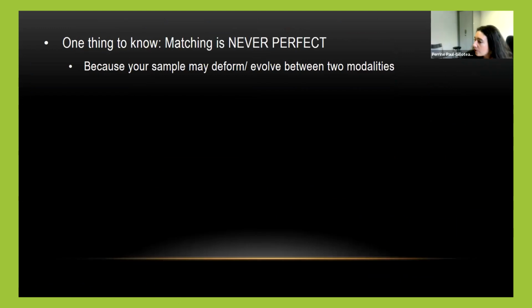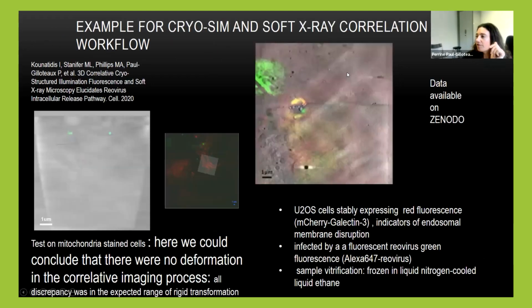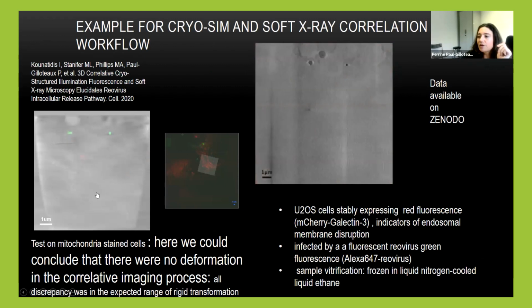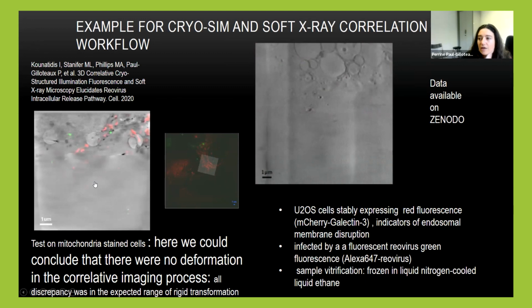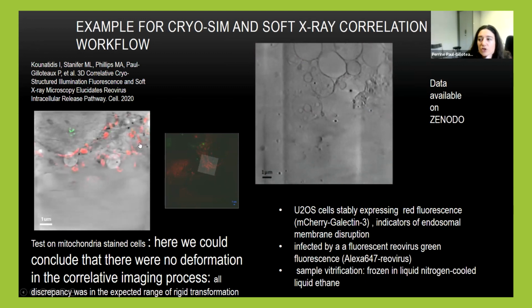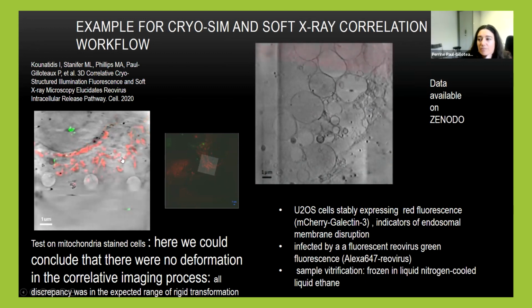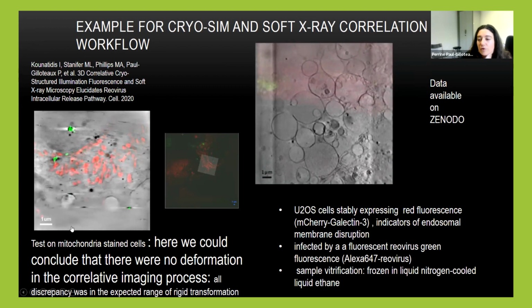So what I was saying about showing that there was no deformation in this sample, it may happen, and maybe you have seen, coming back to the video here, maybe it's easier to see on the mitochondria, you have the impression that maybe the matching is not that perfect. There is sometimes some small discrepancy.